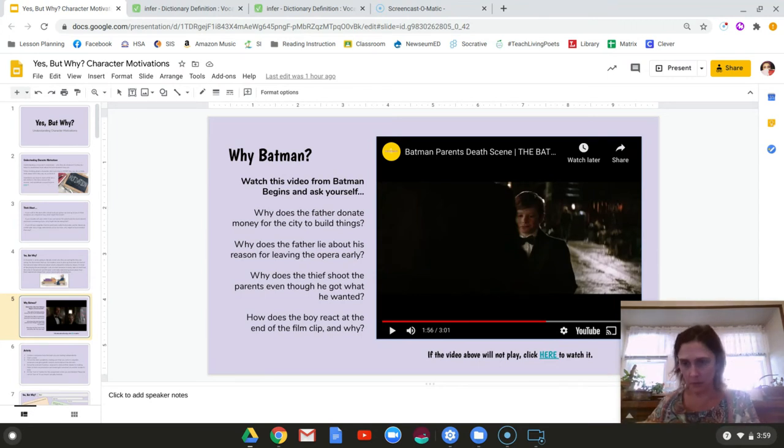So when we ask ourselves, why does the father lie? What we have to consider is, okay, he just doesn't want to embarrass his kid, right? It's not like he comes out and says, well, honey, I don't want to embarrass little Bruce here, but he's terrified of the fake bats. Okay. He's covering for his kid.